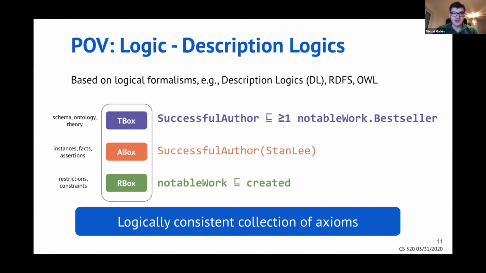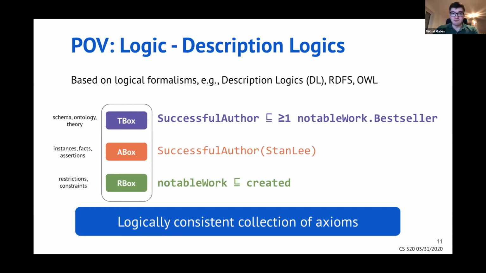So we go a bit further to more strict logical formalisms. We call those description logics. And lots of ontologists in the semantic web use different types of description logic, or some logical formalisms like RDF or RDFS.